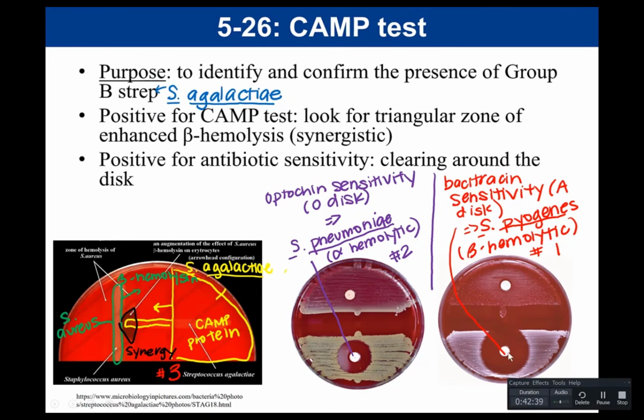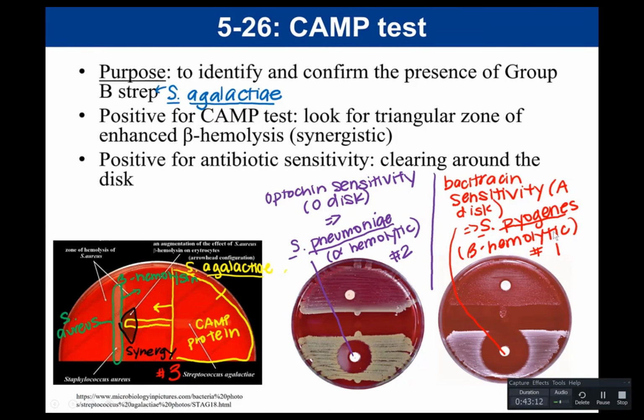We also had another disc on the plate, which is a bacitracin disc. Bacitracin is also referred to as the A disc. And of our 5 organisms, the only one that is sensitive to bacitracin, meaning it would have a zone of inhibition, would be our Strep pyogenes. It would be beta hemolytic because it's a group A strep, and that would be organism number 1.